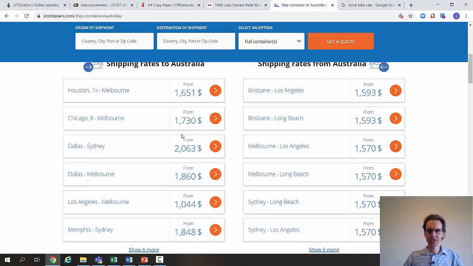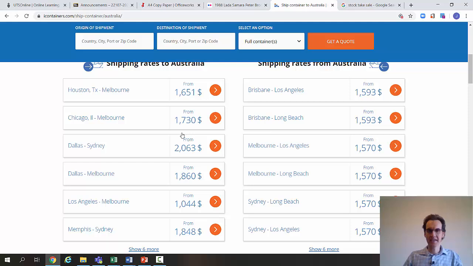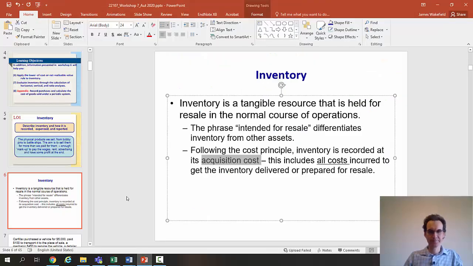I'm not sure how legitimate this site is, but that is a clear cost that needs to be accounted for when looking at the overall cost of inventory. So if we are importing items from the United States to Australia for resale, then we would need to incorporate the costs of this shipping as part of the overall inventory cost.